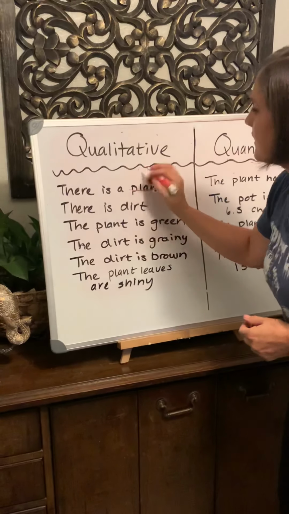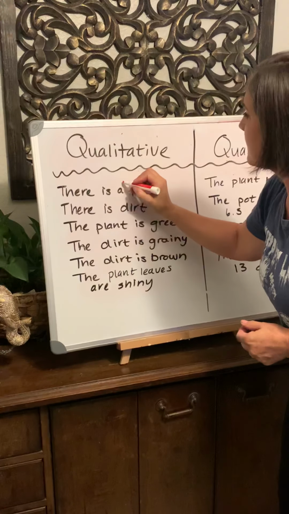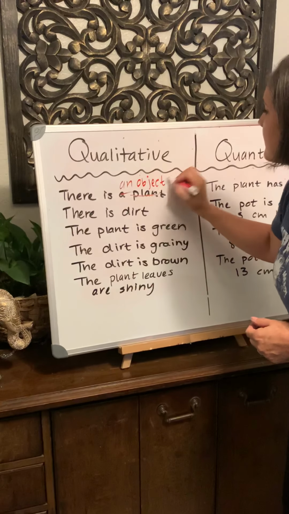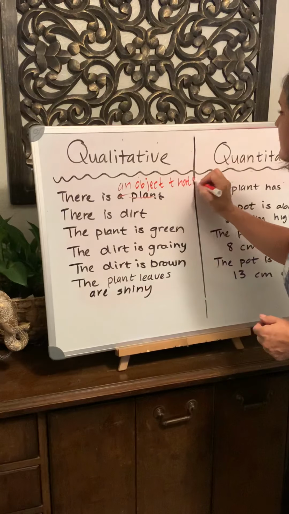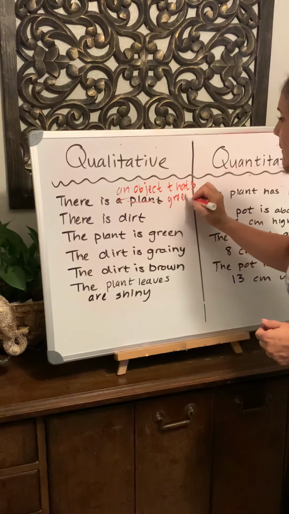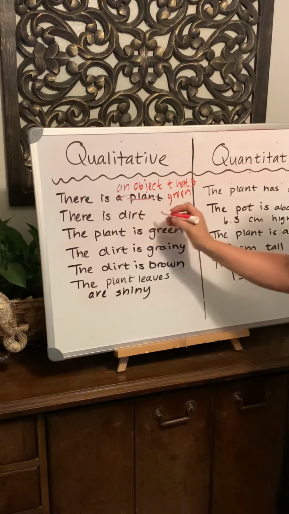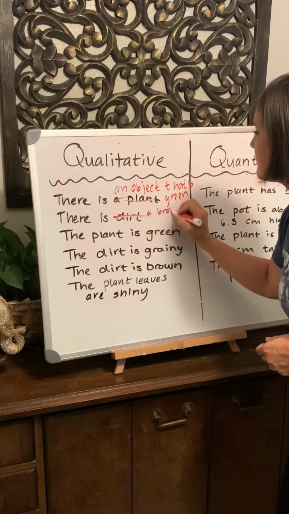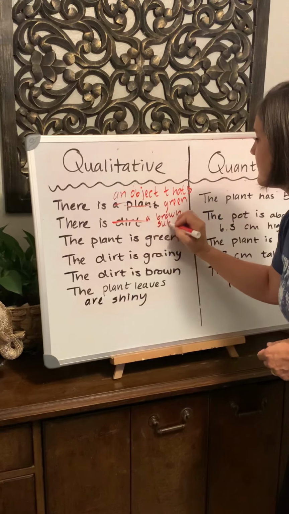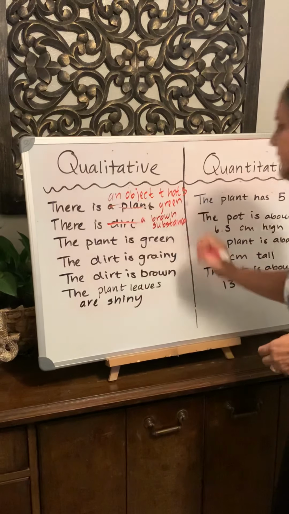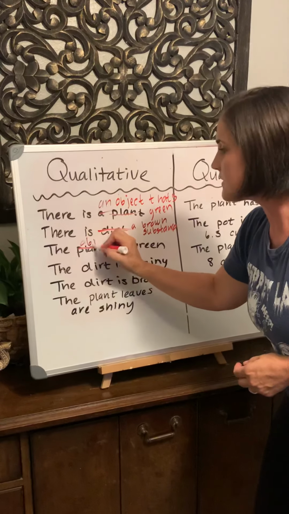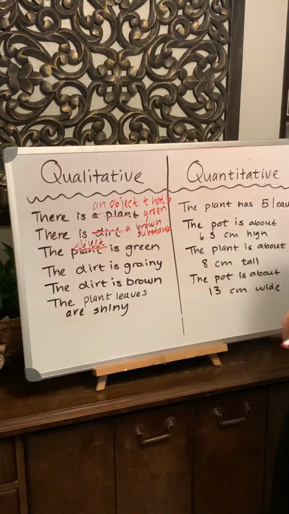There is an object that's green. There is dirt. Nope. There is a brown substance. The plant is green. Well, the object is green.